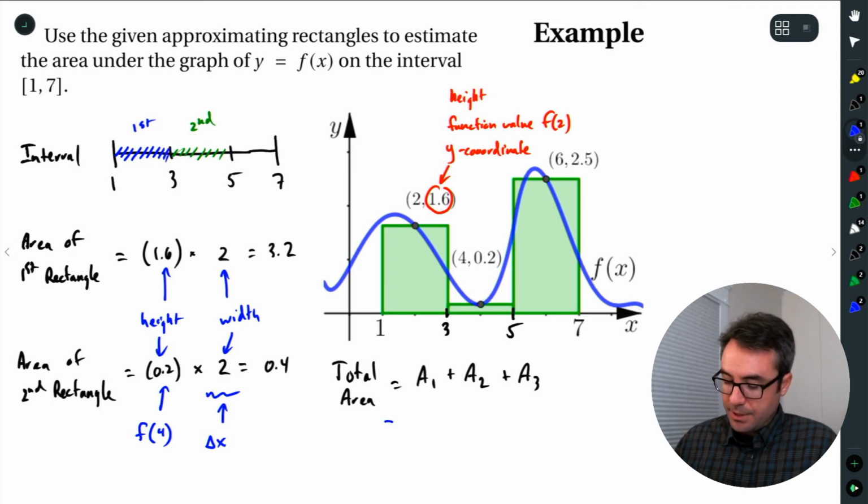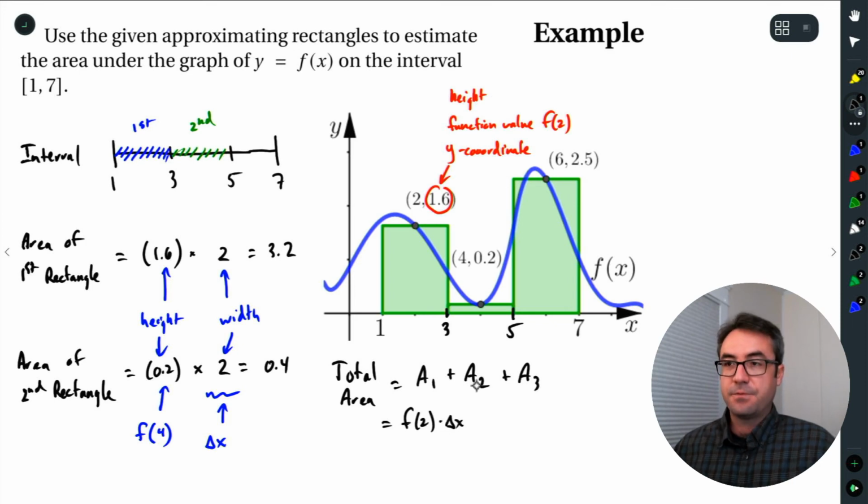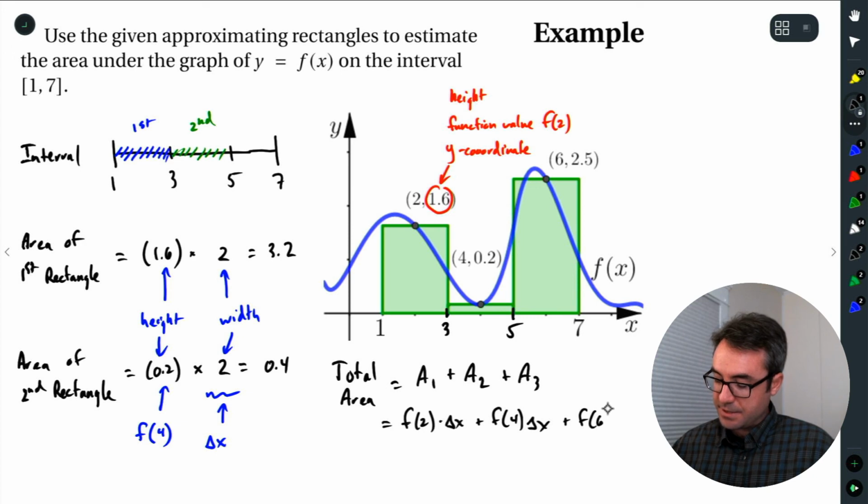So really what we're doing here to get the total area is for the first rectangle, we're taking our function value at 2 times delta x. Then for our second rectangle, we're taking our function value reading at 4, so f of 4, times delta x. And then for our third rectangle, the x value is 6, so this will be f of 6 times delta x.